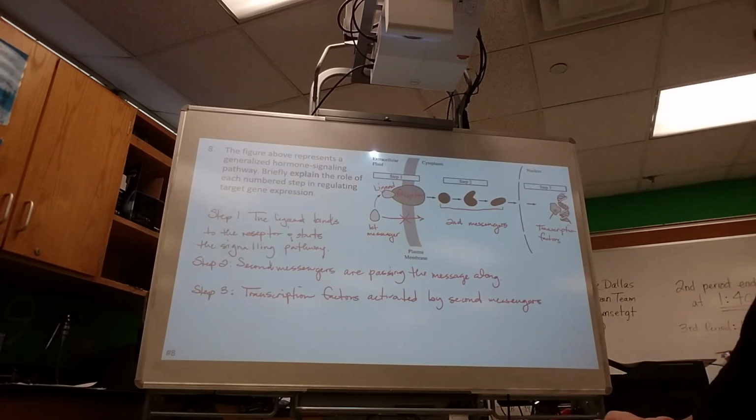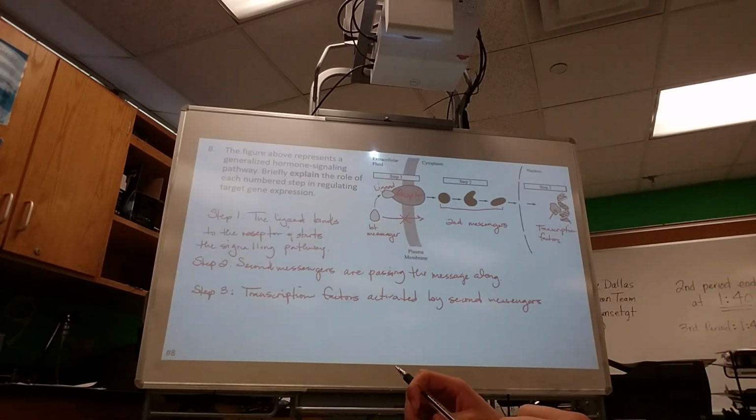So guys, transcription factors activated by second messengers do what? Well, they're gonna encourage transcription, so they're going to activate gene expression. They're not DNA or RNA polymerase, they're not actually making DNA or RNA. What they are doing is making it easier for RNA polymerase to bind and start producing that gene. So they're going to activate gene expression.